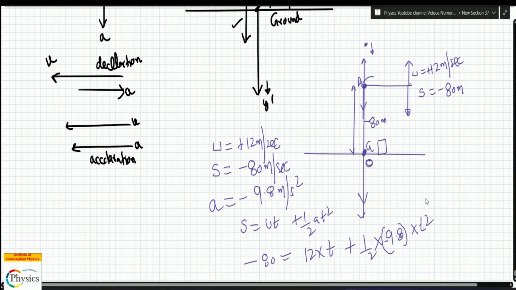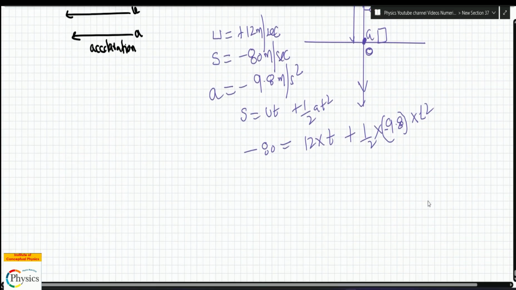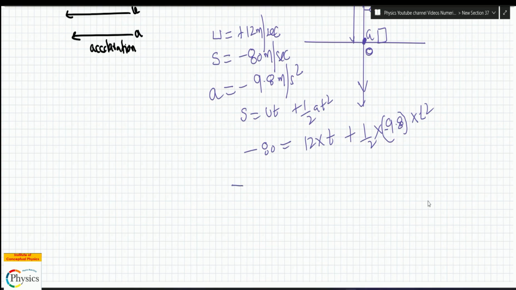I hope the equation makes sense to you. The velocity is positive because it is upward. So minus 80 is equal to 12t minus 4.9 t square.